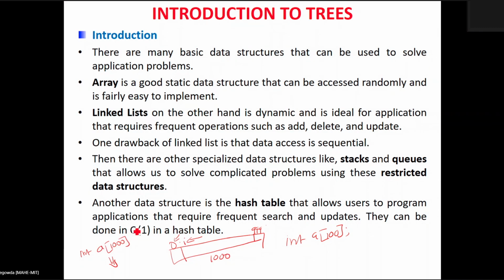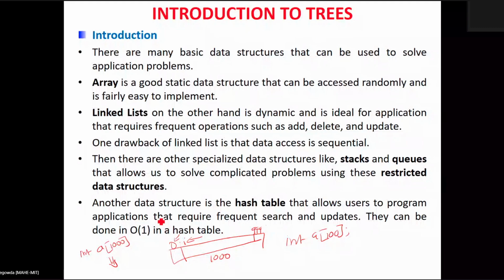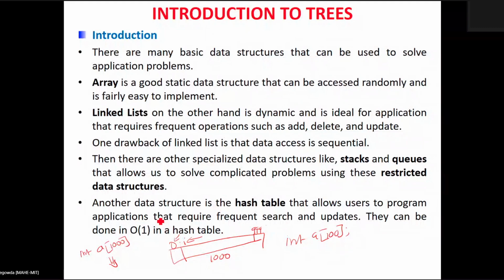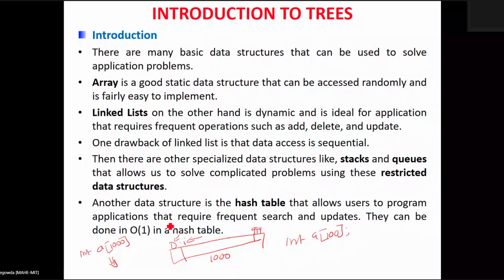Coming to the applications of arrays, you know that arrays are used to store elements which belong to the same data type. That is the first application. The second one is that it maintains multiple variable names using the same name. So arrays help to maintain large data under a single variable name.